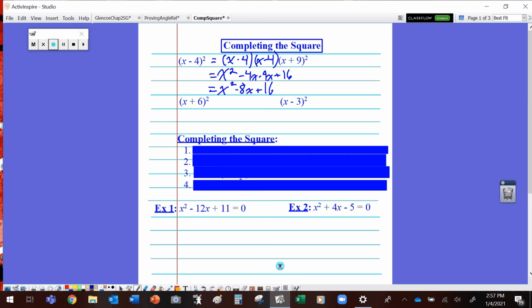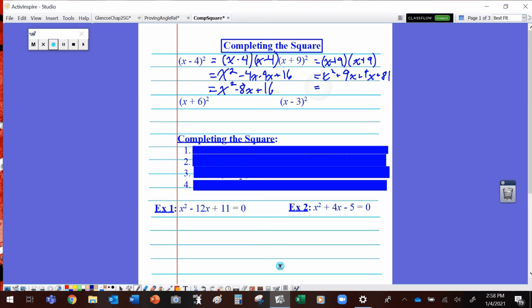I can do the same thing with x plus 9 quantity squared. Write it out twice, x plus 9, x plus 9, and then FOIL it. x times x gives me x squared, plus x times 9 gives me 9x, plus 9 times x gives me another 9x, and finally, 9 times 9 gives me 81.